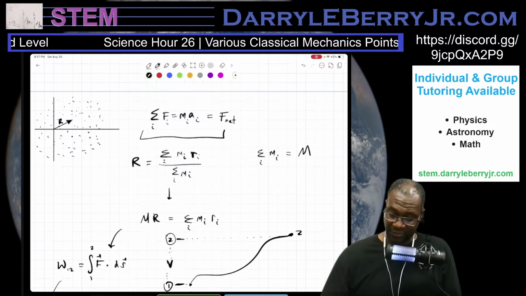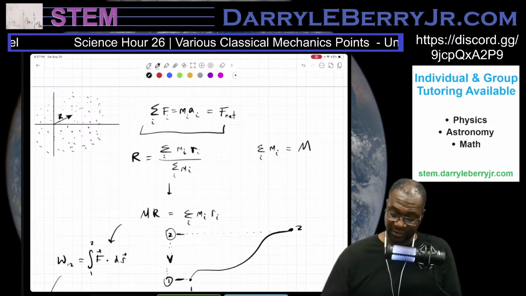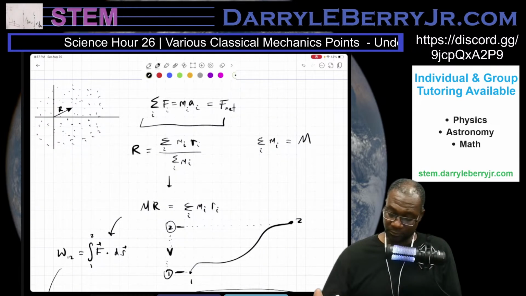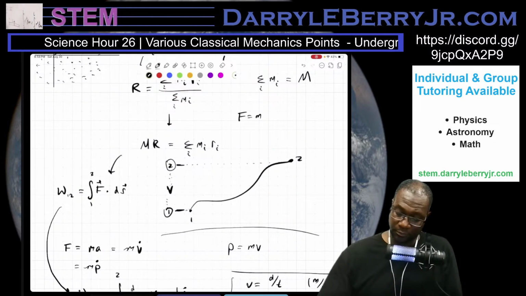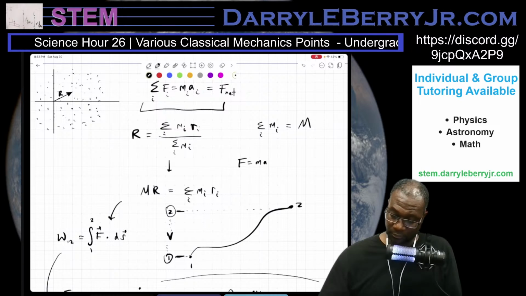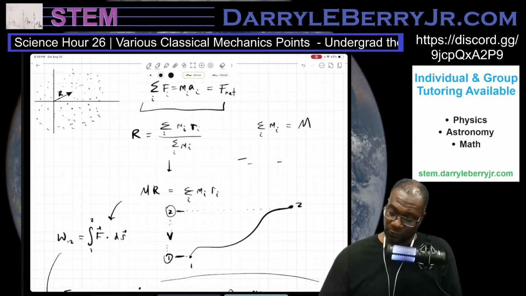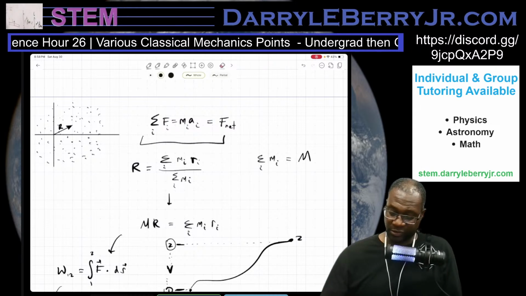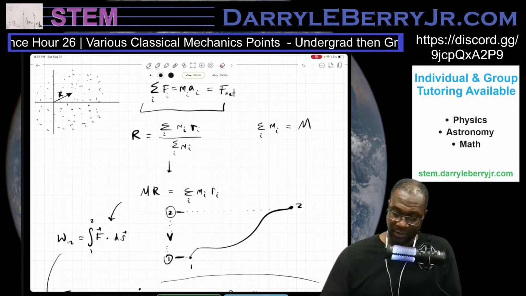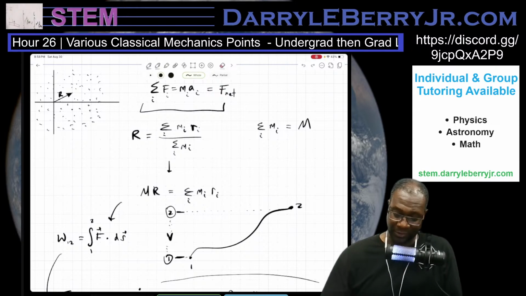And by the way, what this allows us to do is recognize that if we plug this into F equals ma, what this will end up saying is that the total system behaves as if the mass of the entire system is concentrated at one point, at the center of mass.